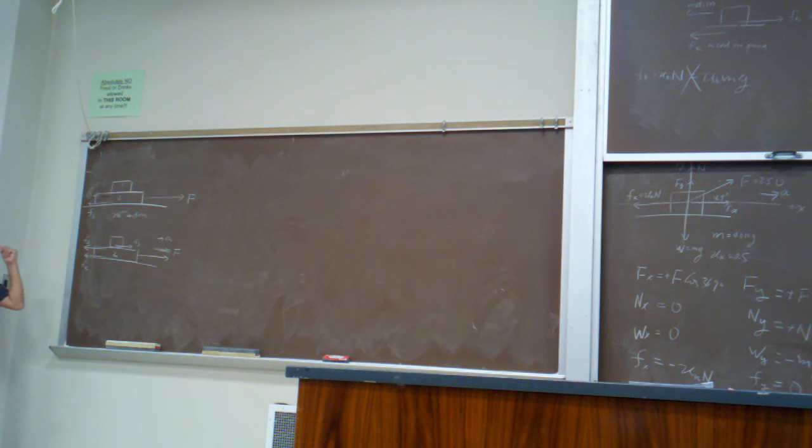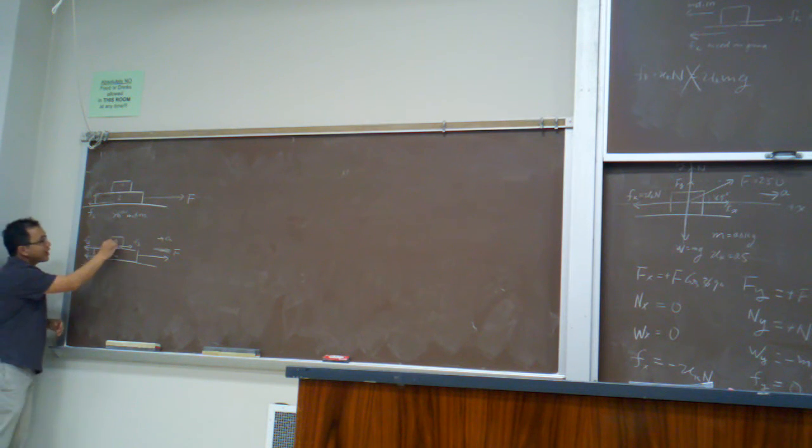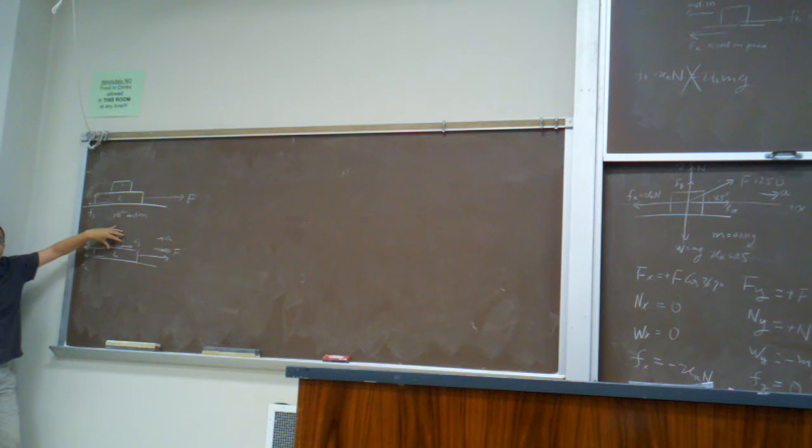And the reason is that if you make it accelerate, this object has a tendency to leave the other object behind, right? If you accelerate the object 2, it has a tendency to leave the object 1 behind. But since this is a rough surface, the first object will try to pull the second object back. So it will give some frictional force to the object 2.